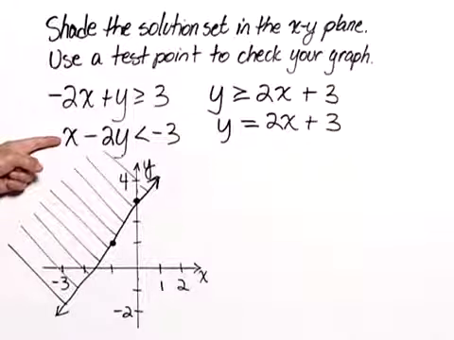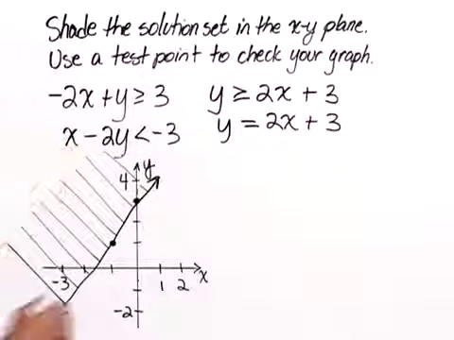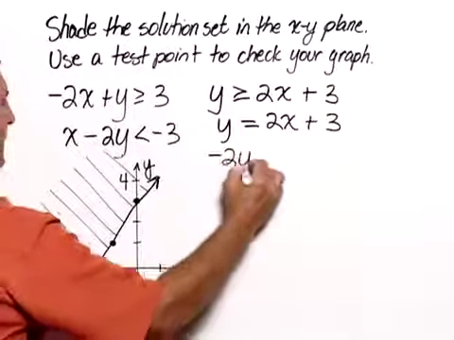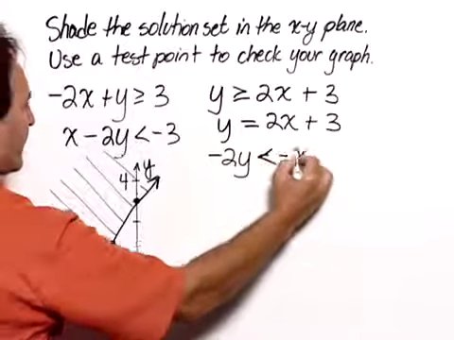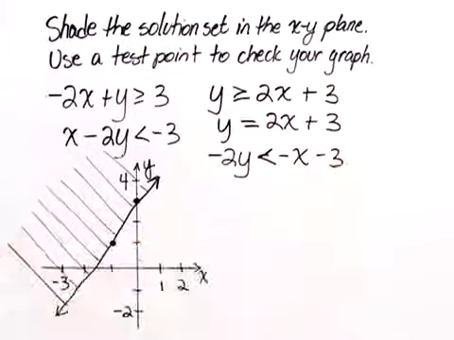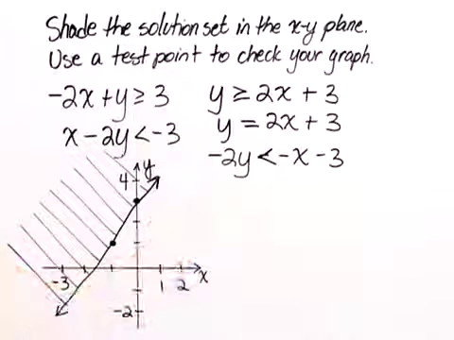We want to put this in slope-intercept form, and that means subtract x from both sides. So it would be negative 2y is less than negative x minus 3. Now we need to divide both sides by the negative 2.